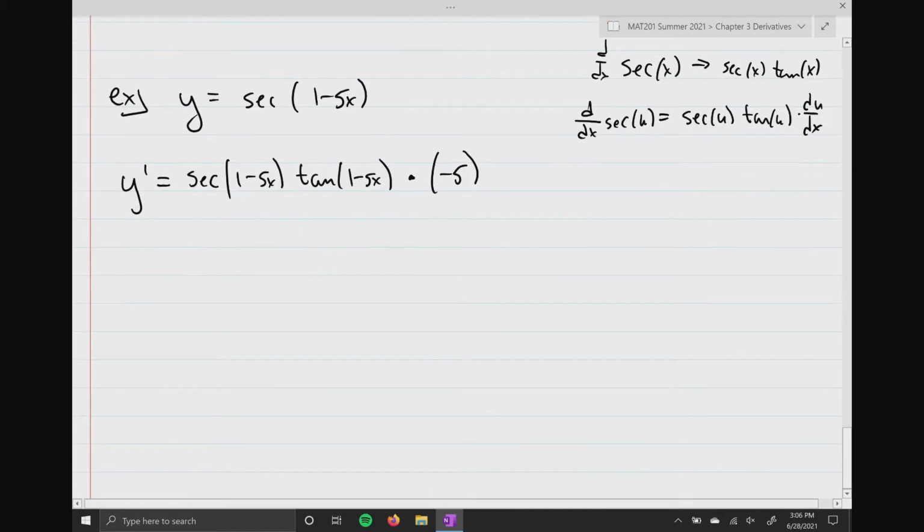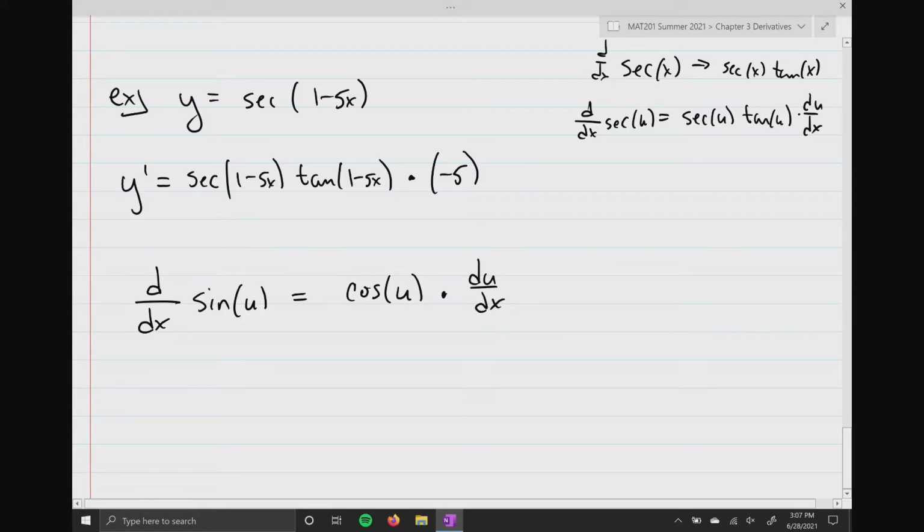Okay? So now that I kind of showed you that, what I want to do is just give you a general idea of all of the trig rules. So, for example, the derivative of sine u is going to equal cosine of u times du dx.